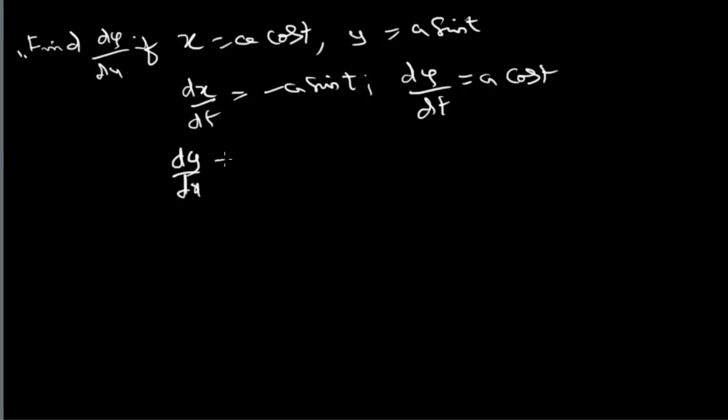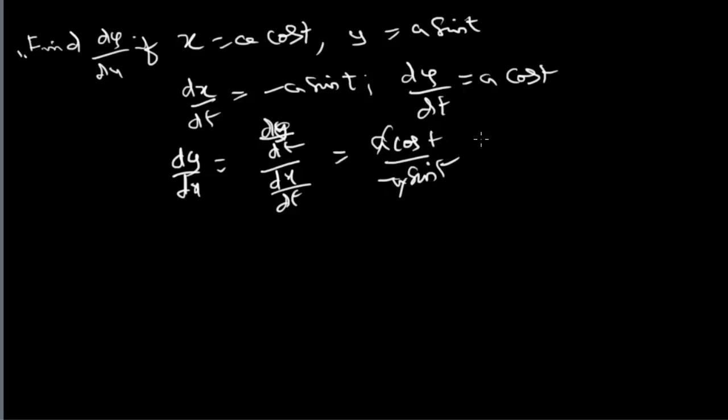Dy by dx is equal to, the formula I wrote for some time, dy by dt by dx by dt. So this is equal to a cos t, which is dy by dt, divided by minus a sin t. So a cancels here, and by trigonometry we get minus cot t.